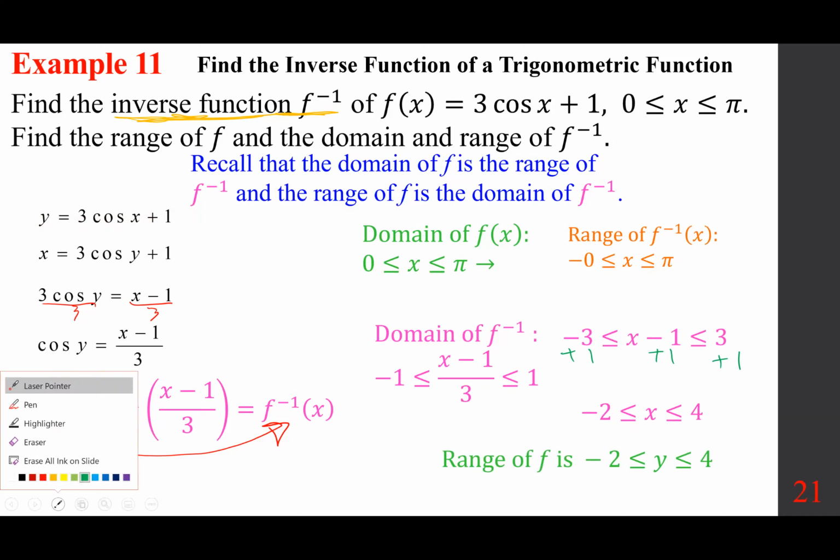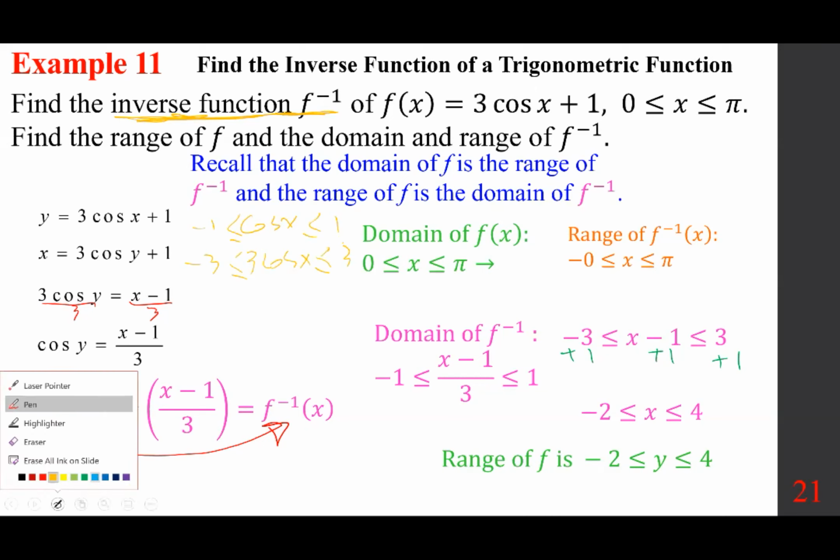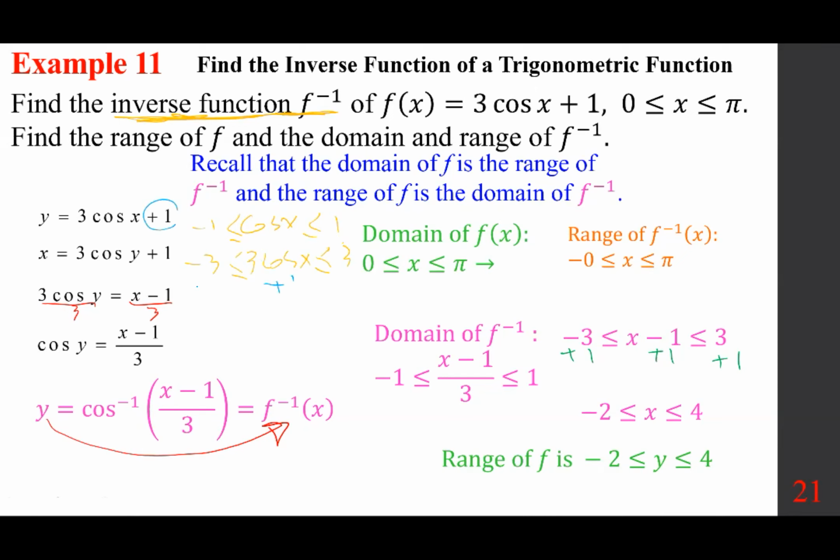If we were to do that, cosine is between -1 and 1. 3 cosine is between -3 and 3. If I add 1 to all sides, I get to the same answer.